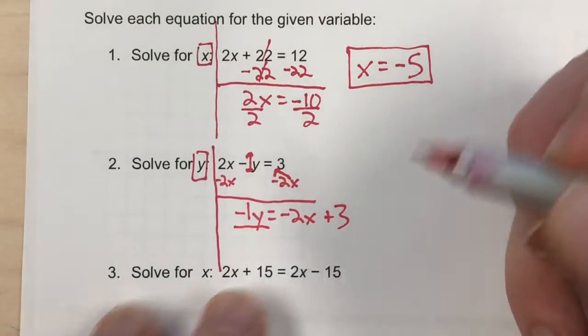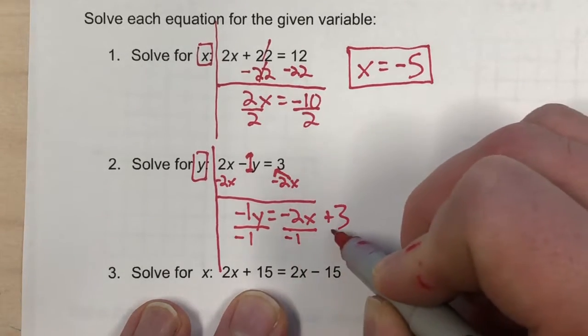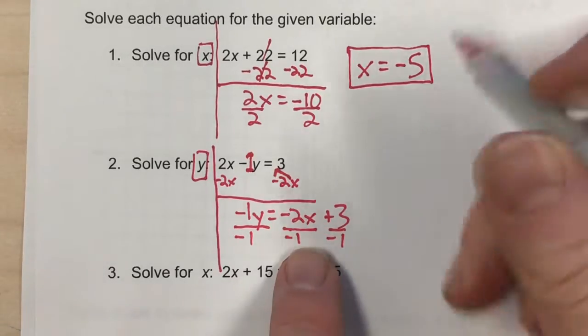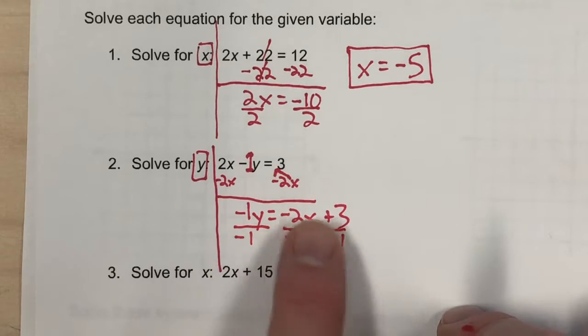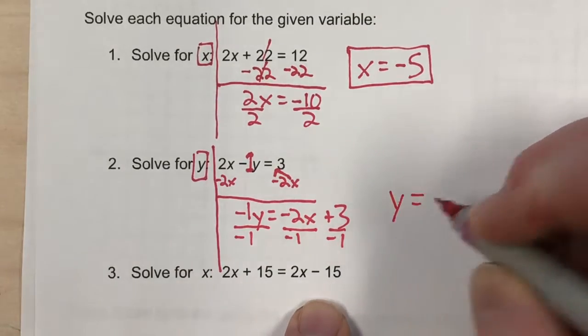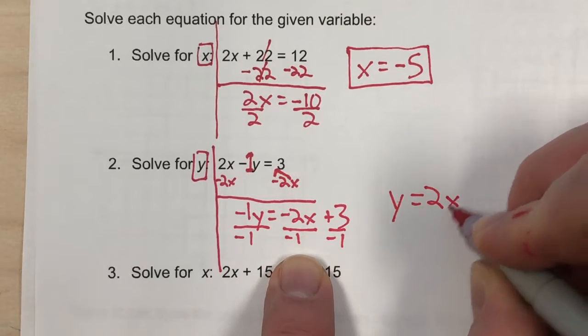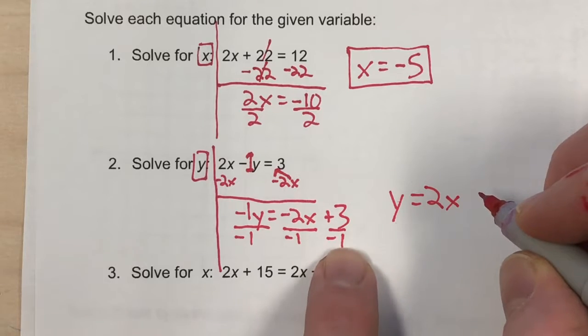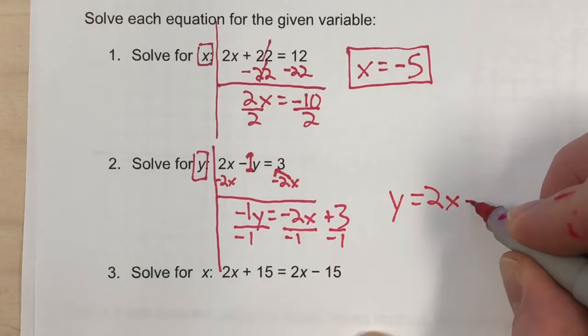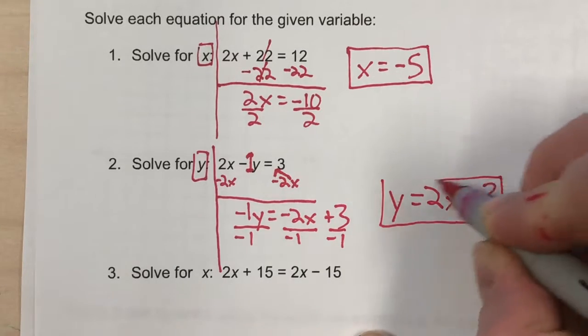What we have to do is divide every one of these things by a negative 1. It's like we're flipping the sign for every one of these things. So we end up with y equals negative 2 divided by negative 1 is just 2x, and a positive 3 divided by negative 1 is actually a negative 3. So that is my answer for that.